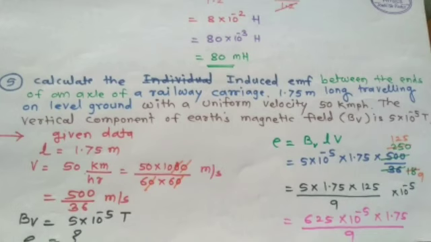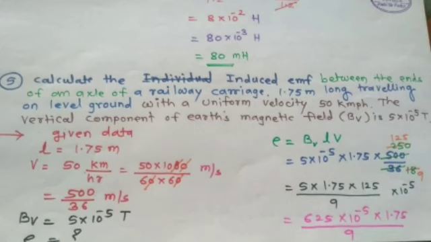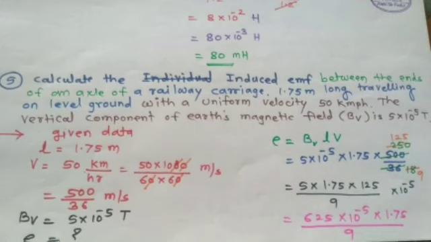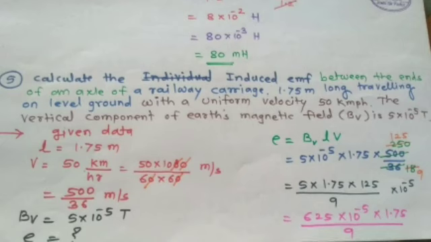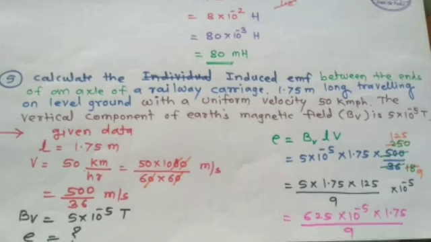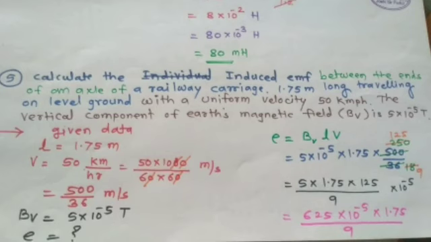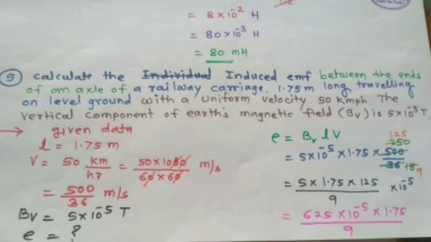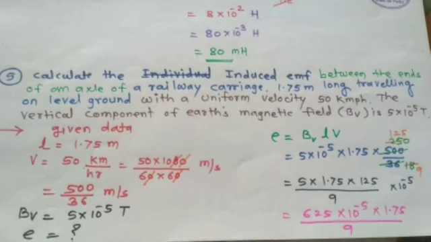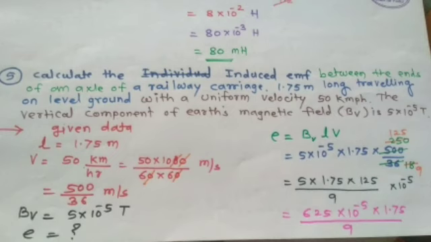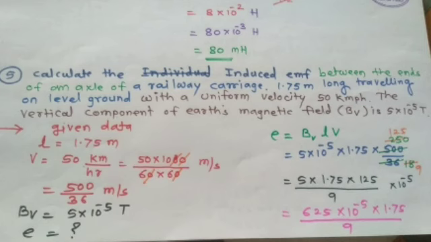Substitute the value BV, that is 5 into 10 raised to minus 5 into 1.75 into 500 upon 36. If we calculate here, 5 into 1.75 into 125 upon 9 into 10 raised to minus 5. Here we can write as 625 into 10 raised to minus 5 into 1.75 upon 9.